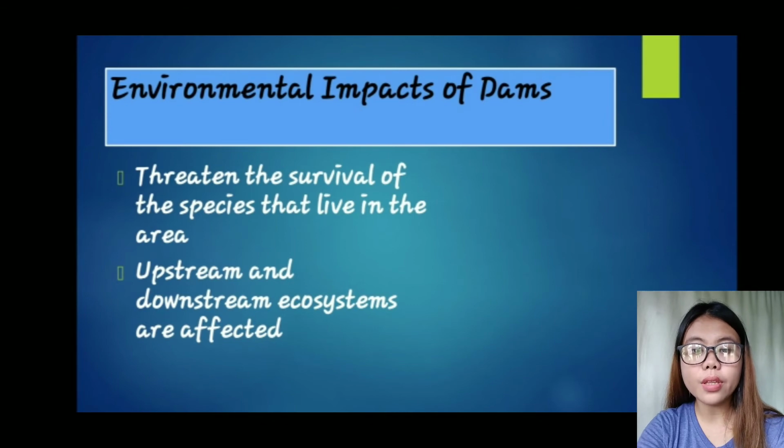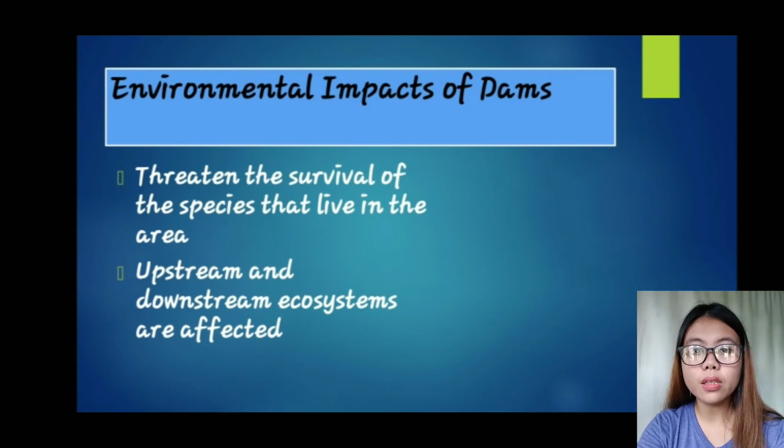Due to the high rate of evaporation and growth of aquatic vegetation within the reservoir itself, water that travels downstream from a dam usually has a higher salinity content and a lower oxygen concentration than normal. This change in the chemical makeup of the water creates detrimental conditions for the species that previously thrived in those areas.